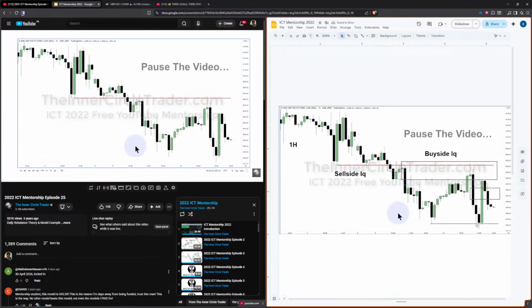Then it sweeps that liquidity, and once it's at that target, it pulls back to the order block with the fair value gap here, and it's now starting to come down. In terms of time, a bit unclear, but yeah, I think those are the main things.